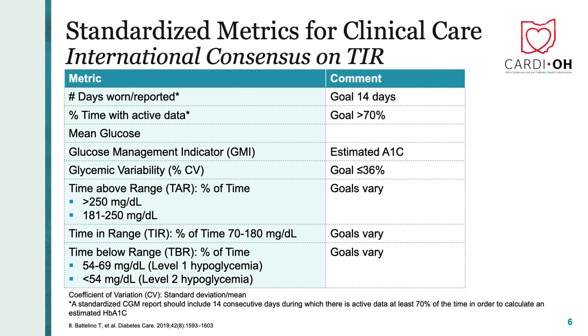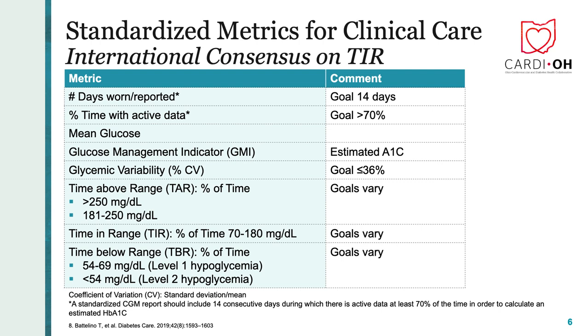The glycemic variability metric is the coefficient of variation, and the goal there should be less than 36% if possible. We know that higher glycemic variability indexes indicate a higher risk of hypoglycemia. The percent of time above the target at 180 to 250 or above 250 are also considered part of the time above range, and those goals will vary.